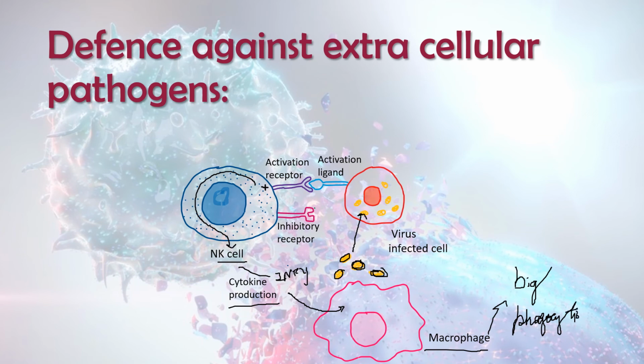So they ingest the extracellular pathogen and thereby kill it. We know the process of phagocytosis. So here is the elimination of the extracellular pathogen, or we can say the digestion of the extracellular pathogens through phagocytosis, which takes place via macrophages.